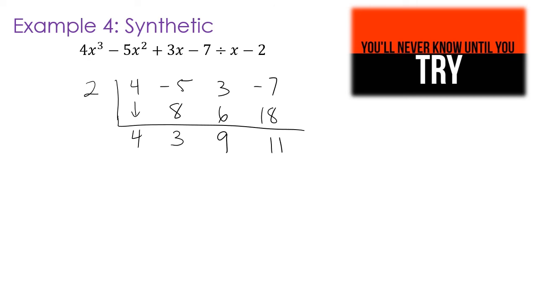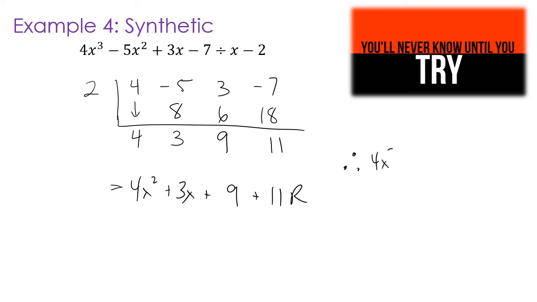How does that give us an answer? 11 is our remainder, plus 9, plus 3x, 4x squared.